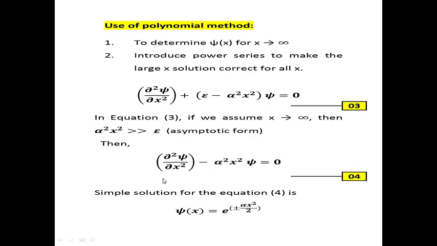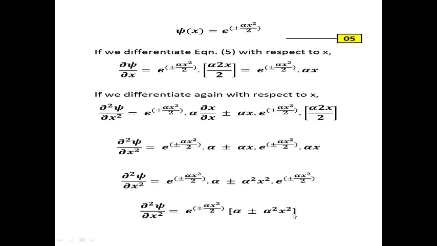Now we have a nominal form of second order differential equation, and we can achieve the solution of this equation number 4 as psi of x, the wave function of a particle in linear harmonic motion, equal to exponential of plus or minus alpha x squared by 2. This is equation number 5, which gives a solution of linear harmonic oscillation.